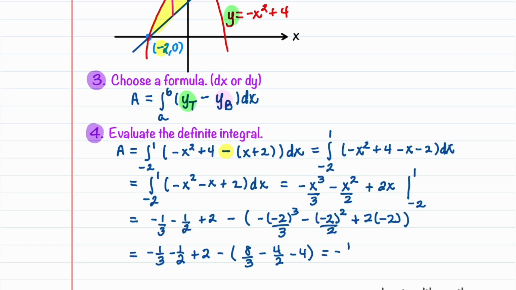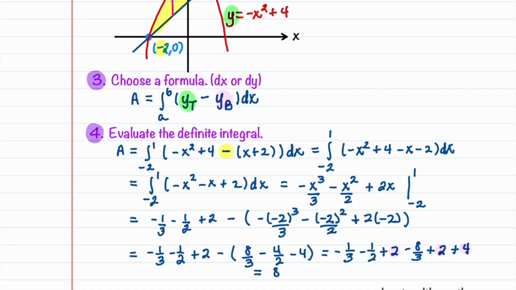This gives us minus 1/3 minus 1/2 plus 2 minus 8/3 plus 4 over 2, which is 2, and then plus 4. This is 2 plus 2 plus 4. That gives us an 8.